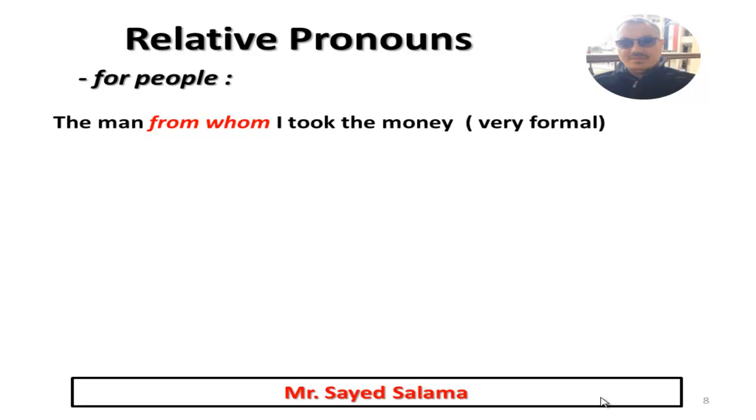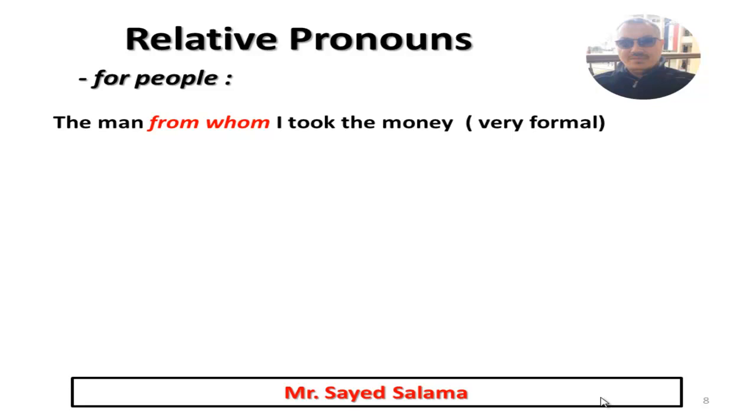The man from whom I took the money. You can say from whom. Note that from is a preposition, from whom. So you can say the man from whom. Don't say from who, but say from whom. The man from whom I took the money.